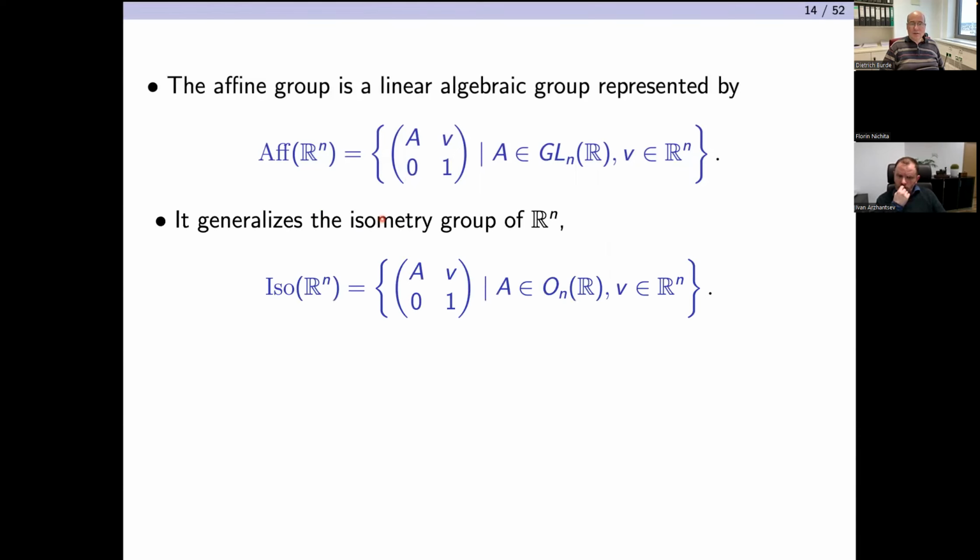And in geometry, there is a very similar group, which is the isometry group of R^n. But here the A is orthogonal. So if you're doing geometry, then this is the isometry group, and this one is a generalization in a bit of a strange sense, in that you give up that A is orthogonal and replace it by A just being invertible.